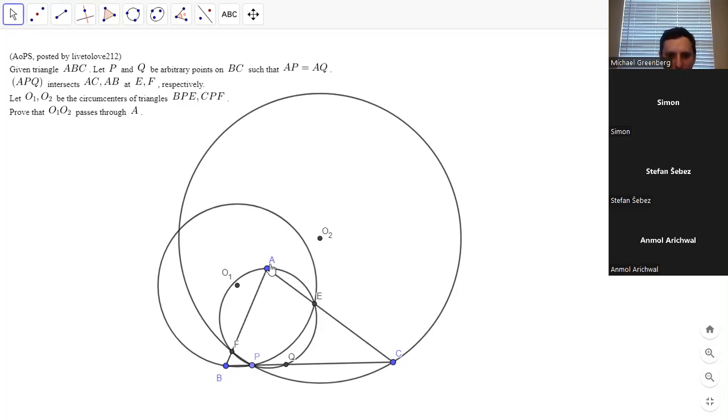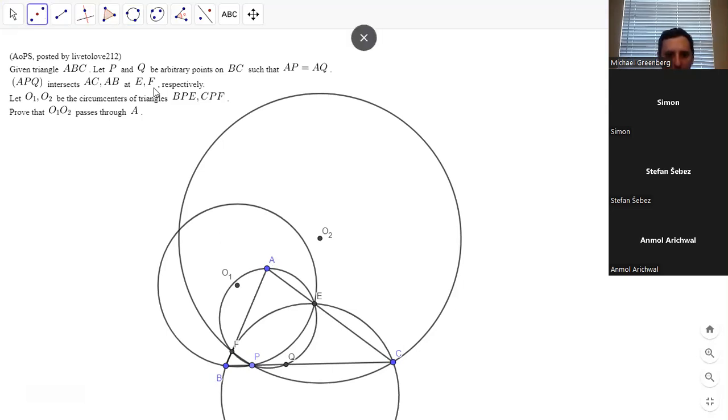AFP is AQC, which is APB. So they should be similar, right? So AP squared is AF times AB. So BFEC is cyclic, I think. Yeah, BFEC is cyclic because AP squared is AF times AB and AQ squared is AE times AC.